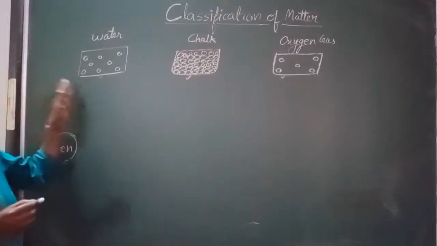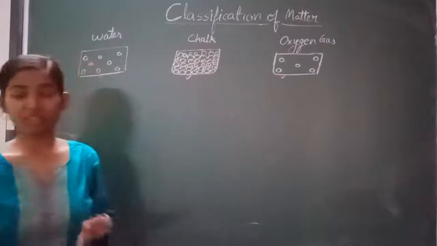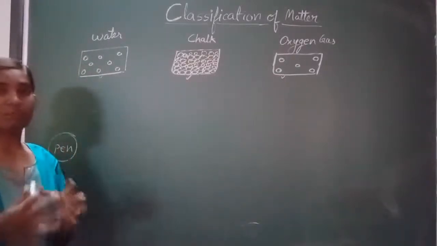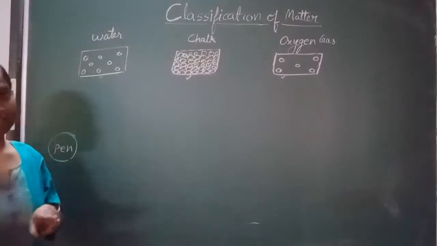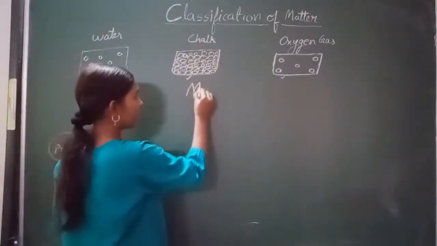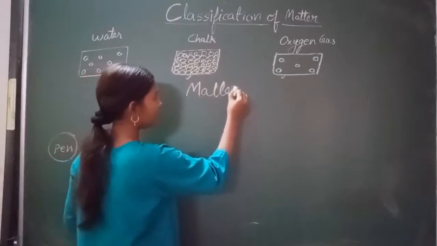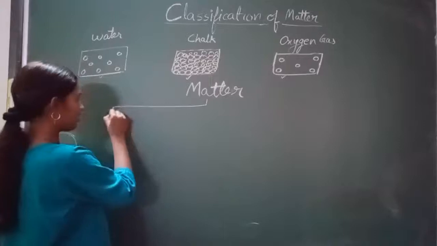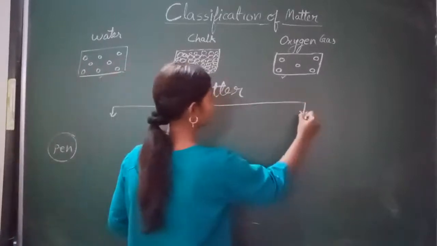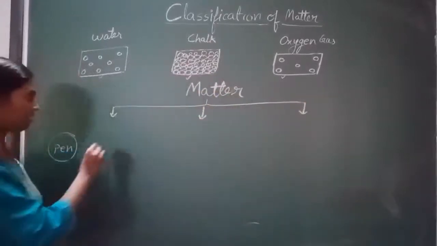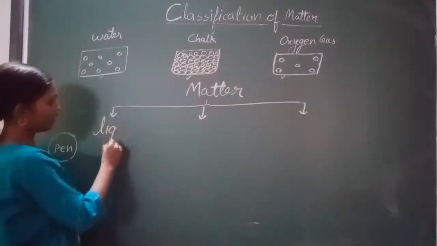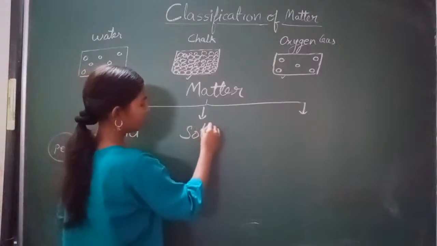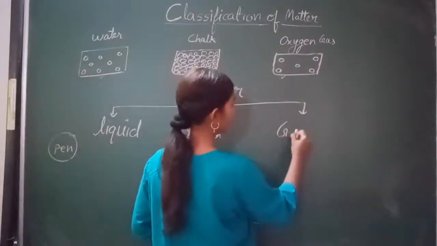By seeing this kind of structure, scientists divided all kinds of matter into three categories: liquid, solid and gas.